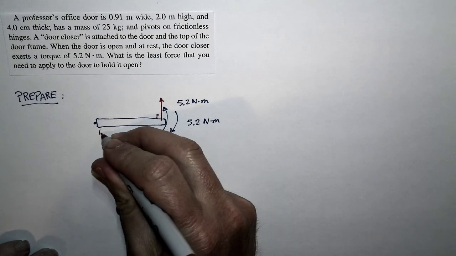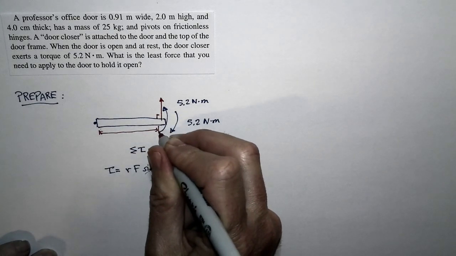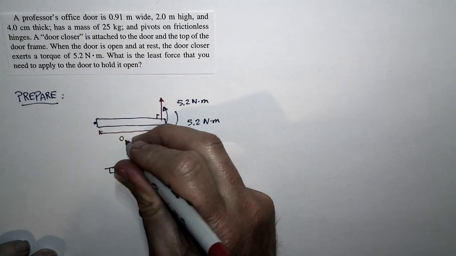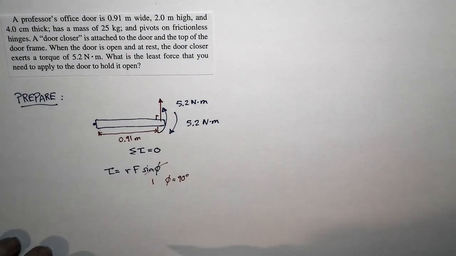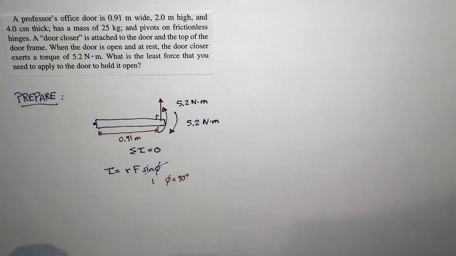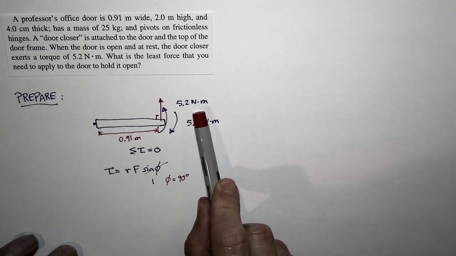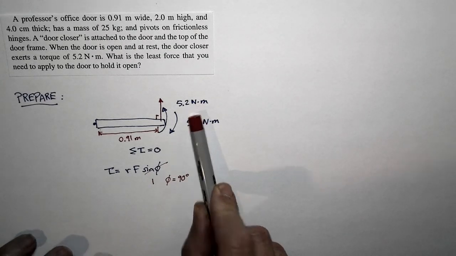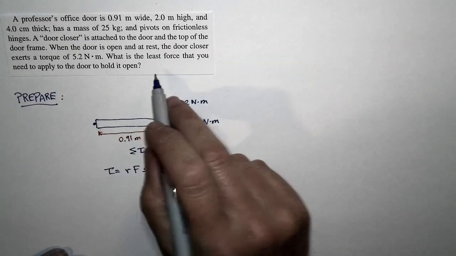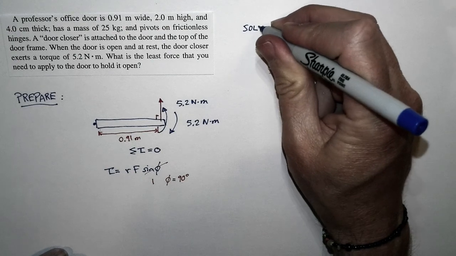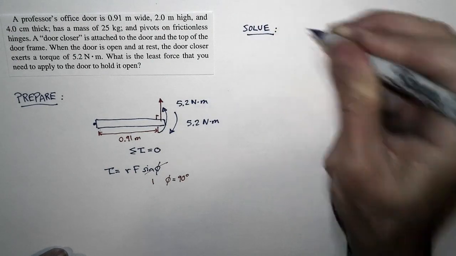I'm going to be pushing at a distance of 0.91 meters out from the hinge, and I'm going to be pushing perpendicular to the door, and the torque that I'm applying is going to be 5.2 Newton meters. And with that, we have everything we need to solve the problem because the problem just asks for the force that you need to apply.